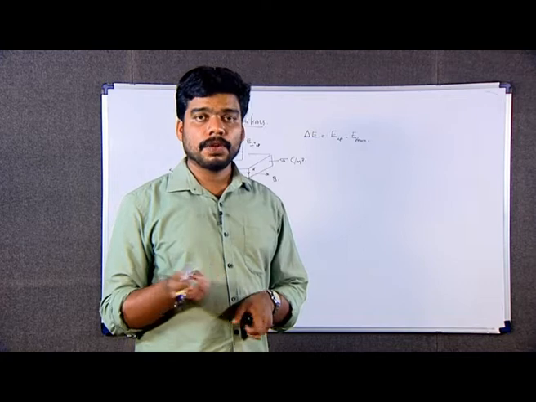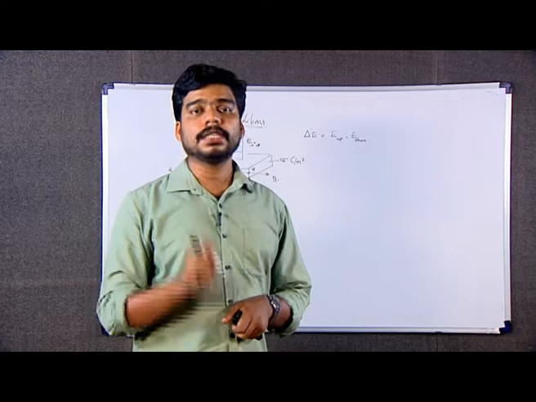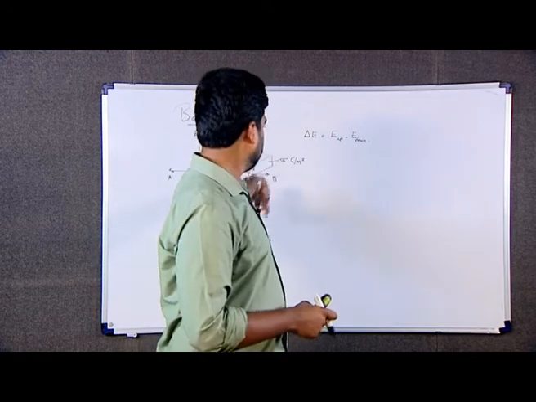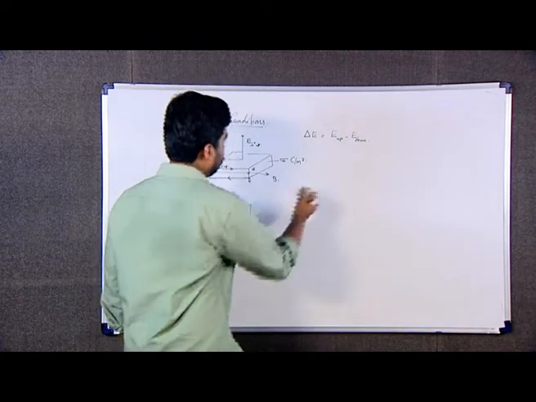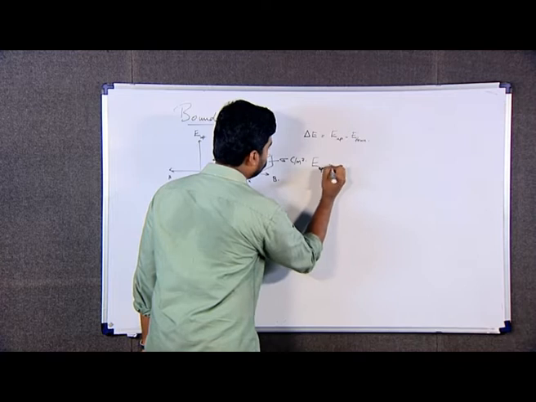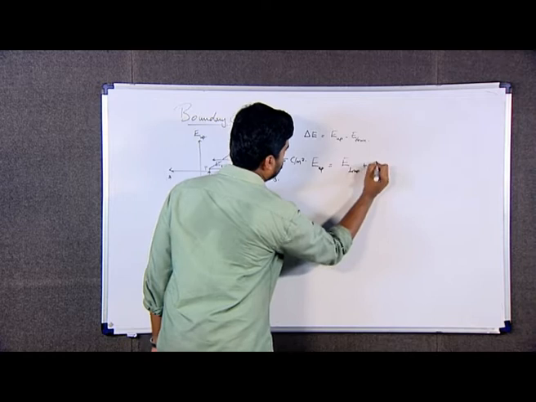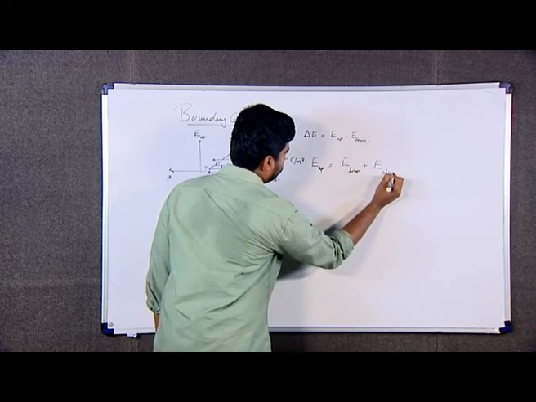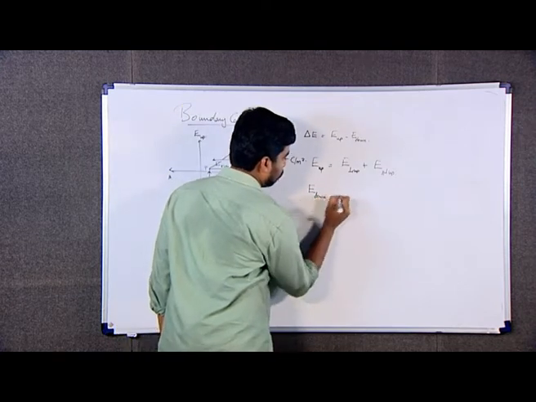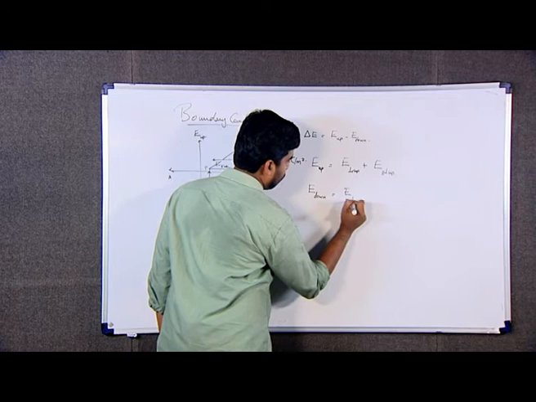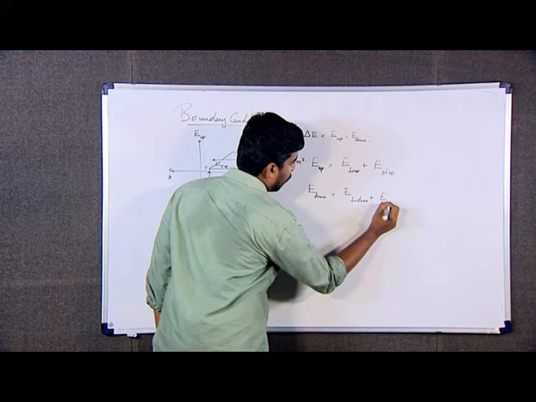So we will check which of these components are continuous and which are discontinuous at this boundary or interface. I told you E up can be split into E perpendicular up plus E parallel up. Similarly, E down is equal to E perpendicular down plus E parallel down.